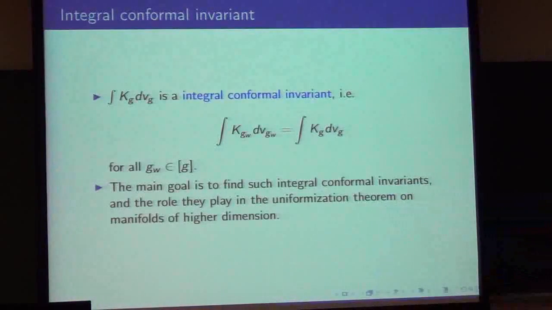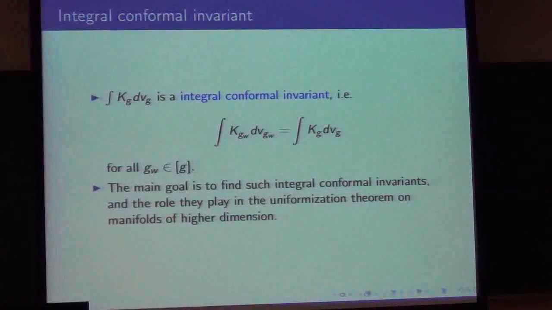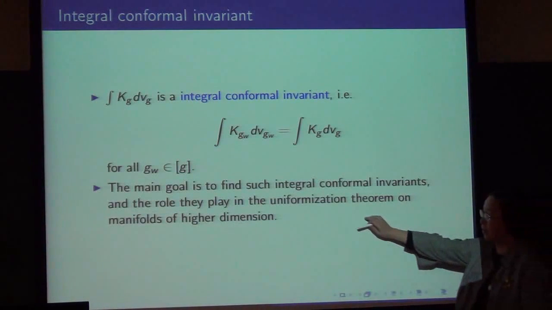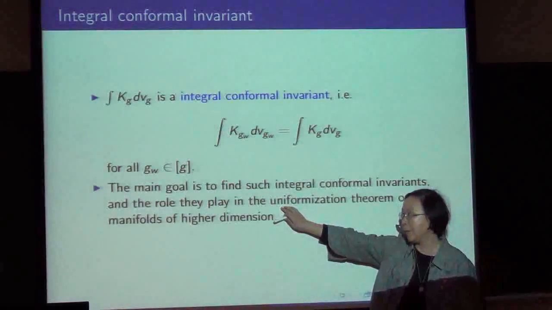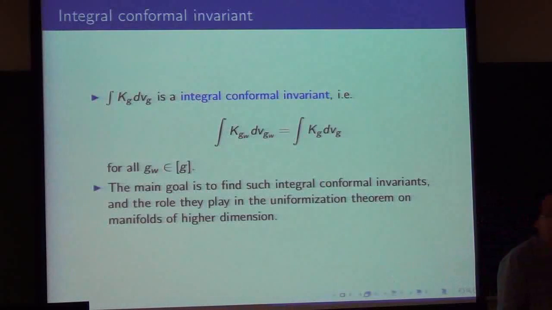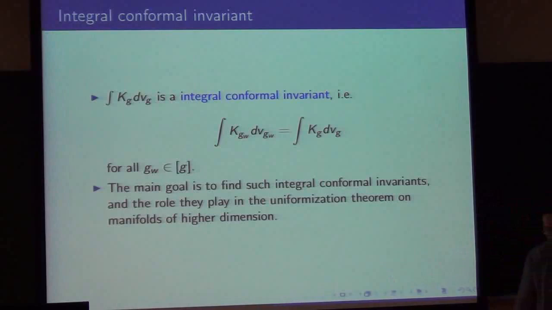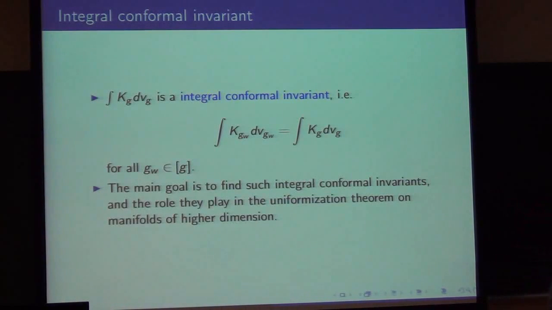The goal of this lecture is to ask whether this phenomenon in two dimensions can be generalized to higher dimensions. So the goal is to see if there is a higher order uniformization theorem for manifolds of higher dimension. Of course, we only have very limited success, but let me report some success here.